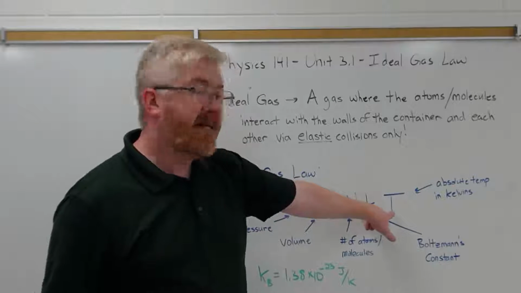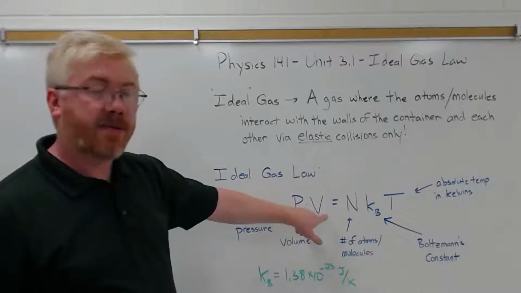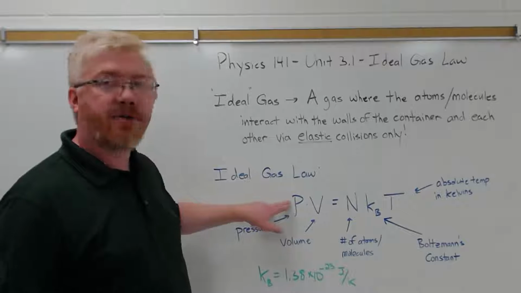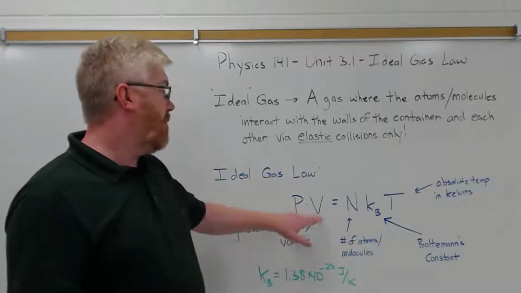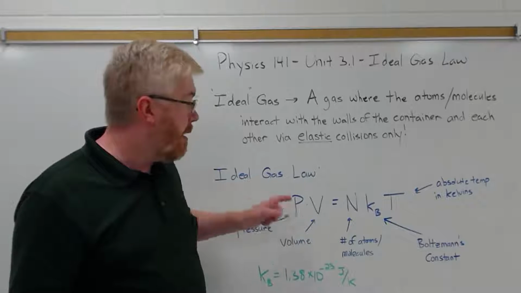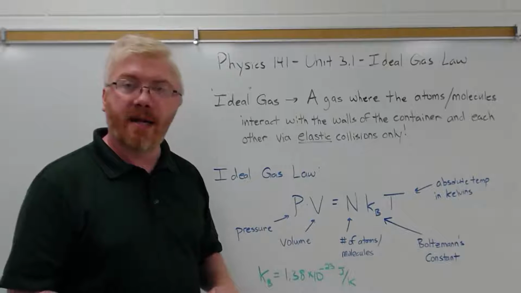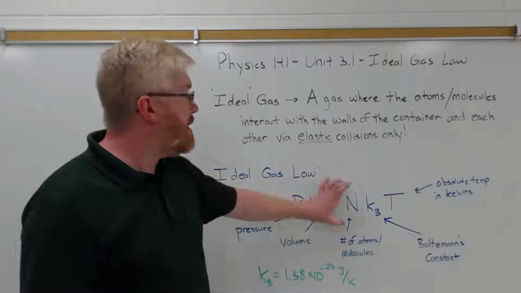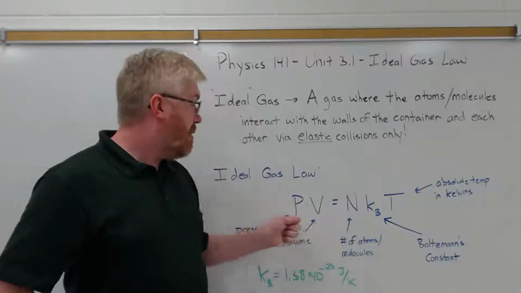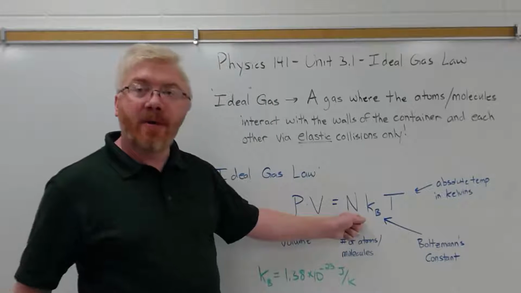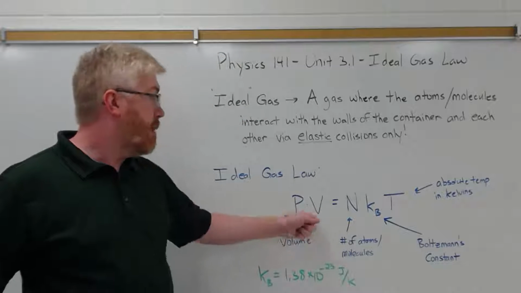Well, if the right-hand side of this equation is joules, the left-hand side of this equation also has to be joules. And you can actually calculate pressures in pascals, which is newtons per meter squared. Volume is in meters cubed for SI. If you cancel those units, you find out that, indeed, joules is actually on the other side as well. So this is the ideal gas law. It allows you to determine, for a gas of a specific number of particles at a specific temperature.